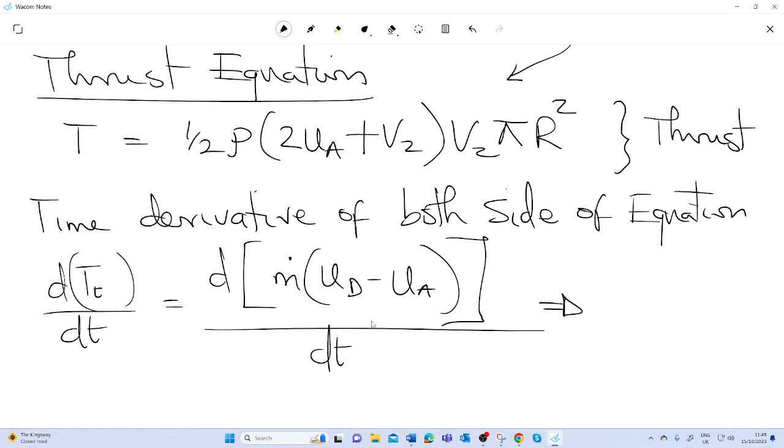And this eventually becomes thrust equals dm over dt times (UD minus UA).